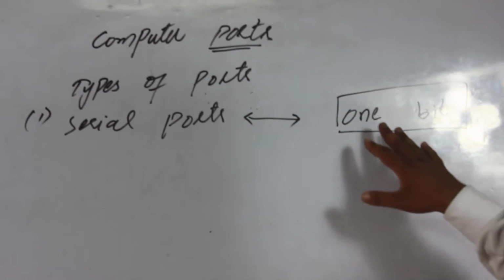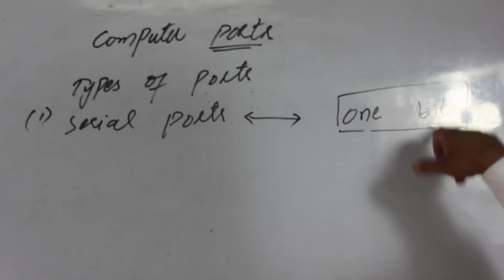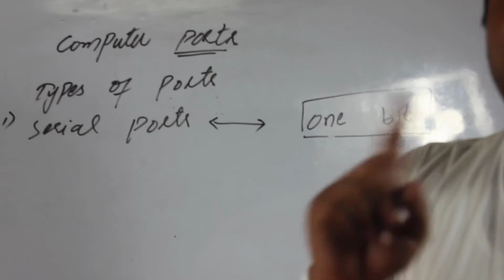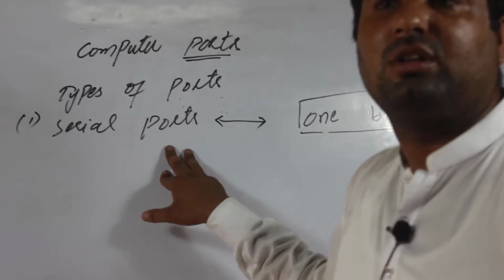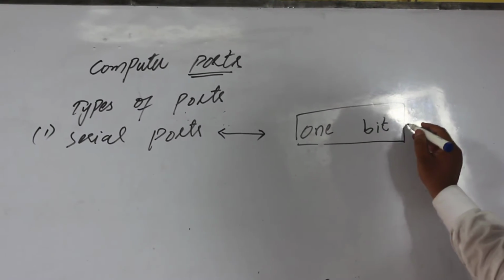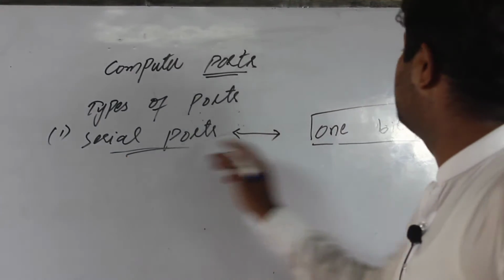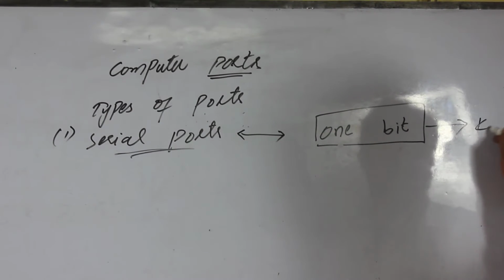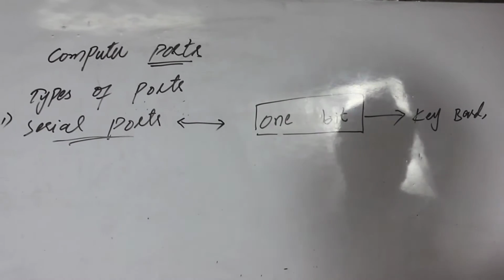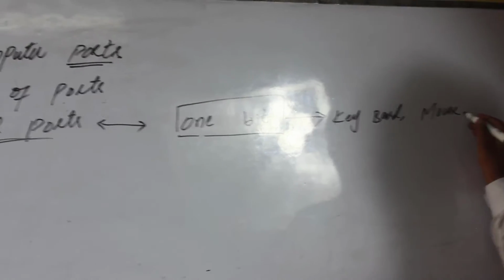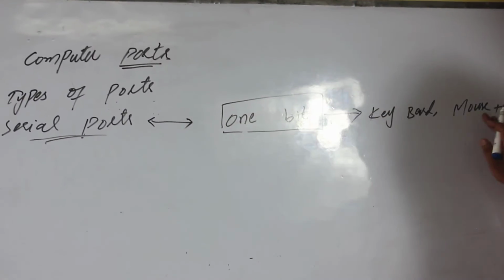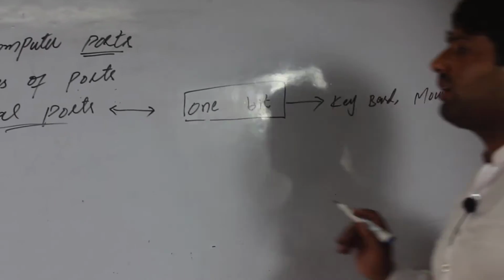When the data is only one bit or below, we can use serial ports. For example, this is a common port used for the keyboard, mouse and other different things attached to the computer.